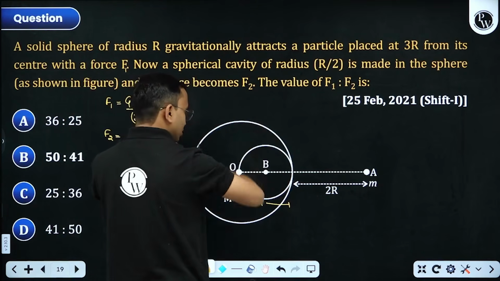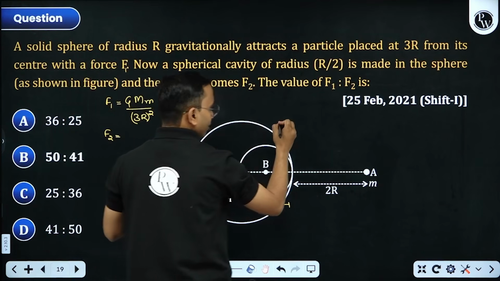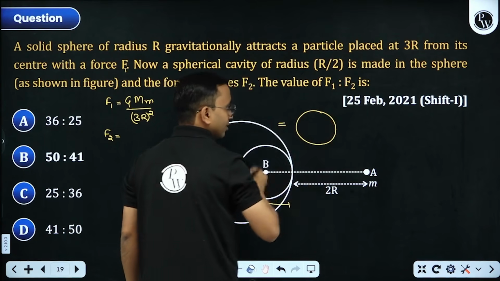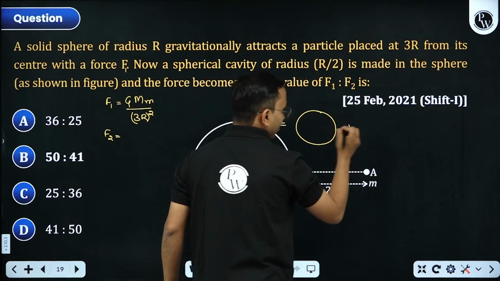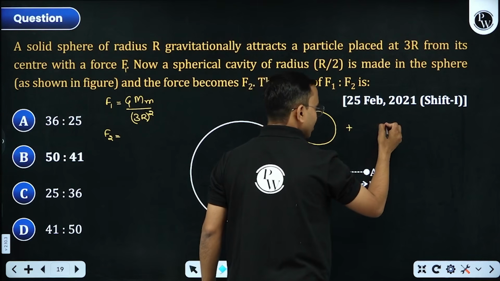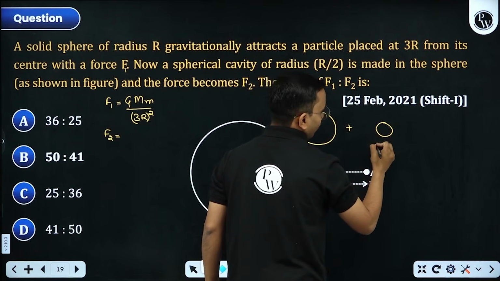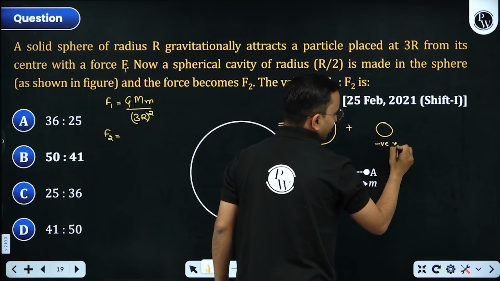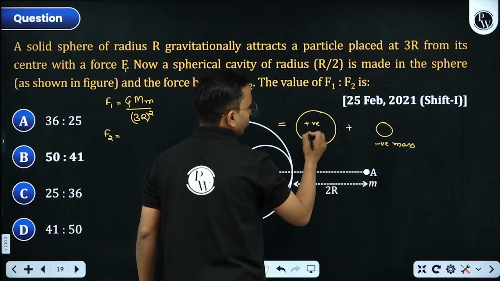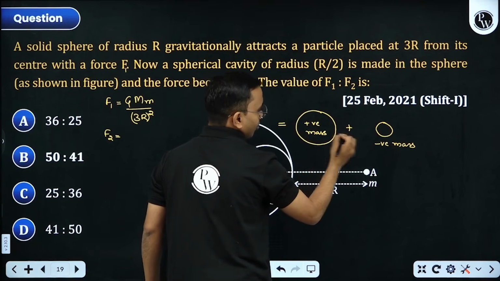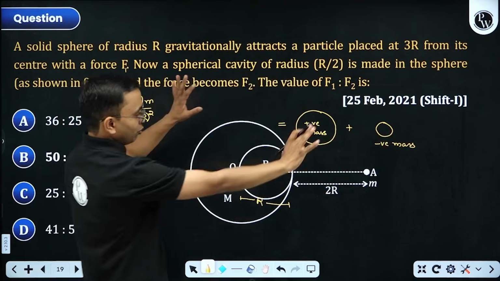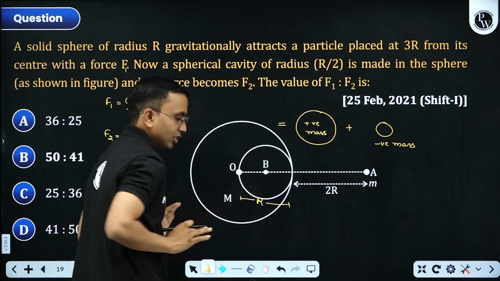Now I'm finding F2. I'm considering this as made of this complete sphere with positive mass, plus this removed portion of negative mass. When you superpose that, you'll get this resultant shape.